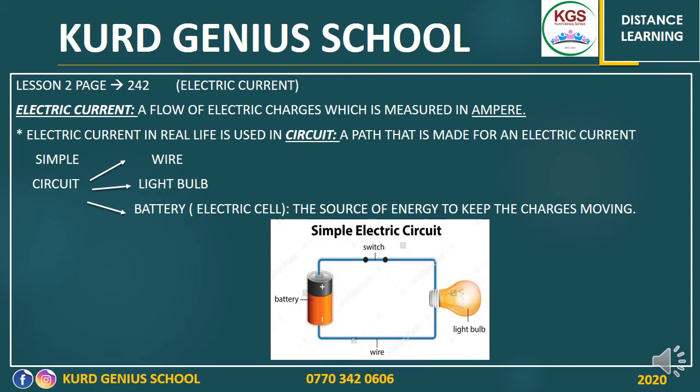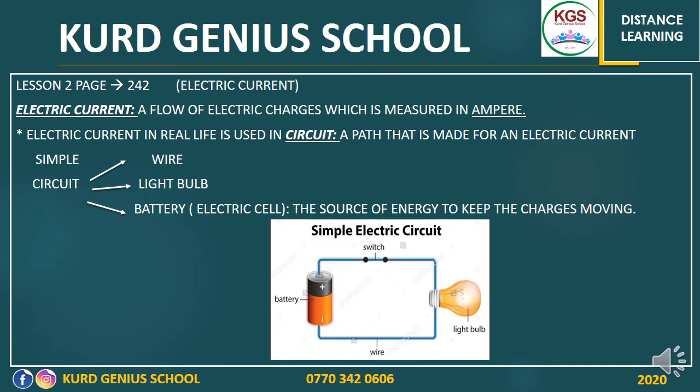You might have heard of it because the electricity we use in our houses is measured in ampere. For example, in my house, I have 4 amperes, which I can use for operating the refrigerator, some lights, and the TV, and many other things as well.